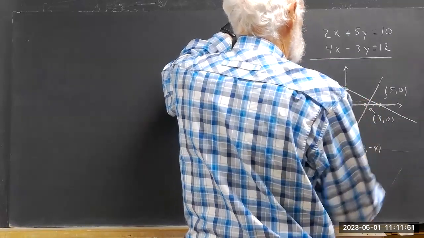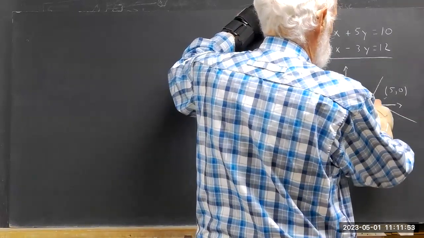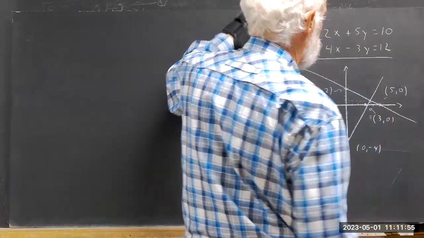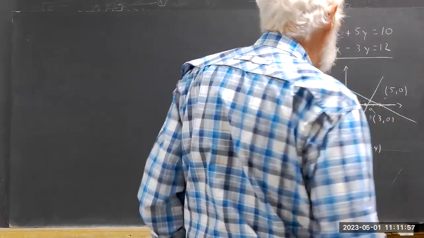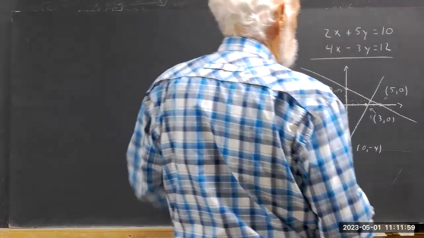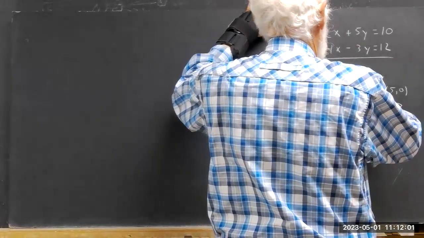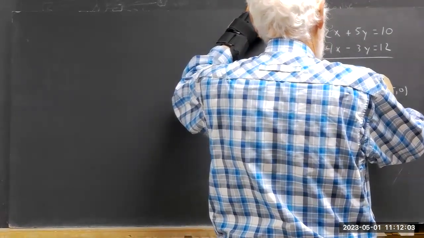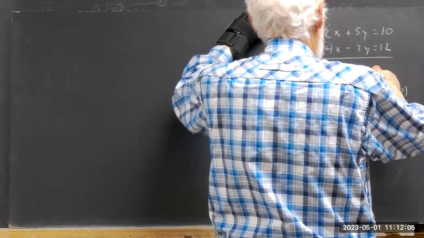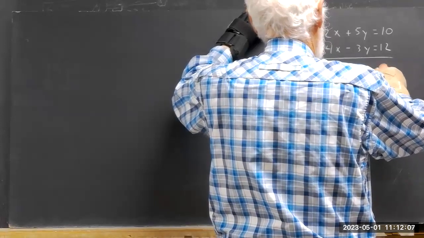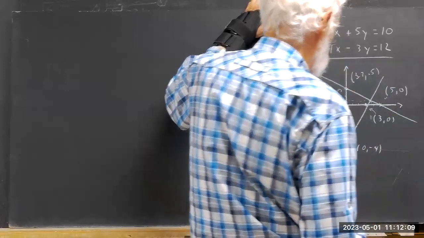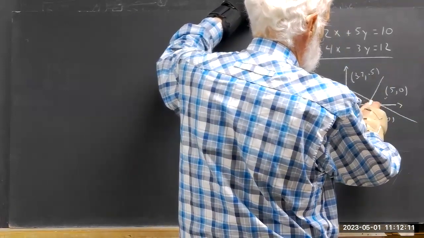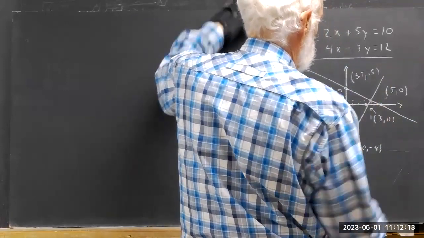So we can kind of estimate the coordinates of this point, if these are projection lines, appear to me to be about 3.7, one-half or 0.5.